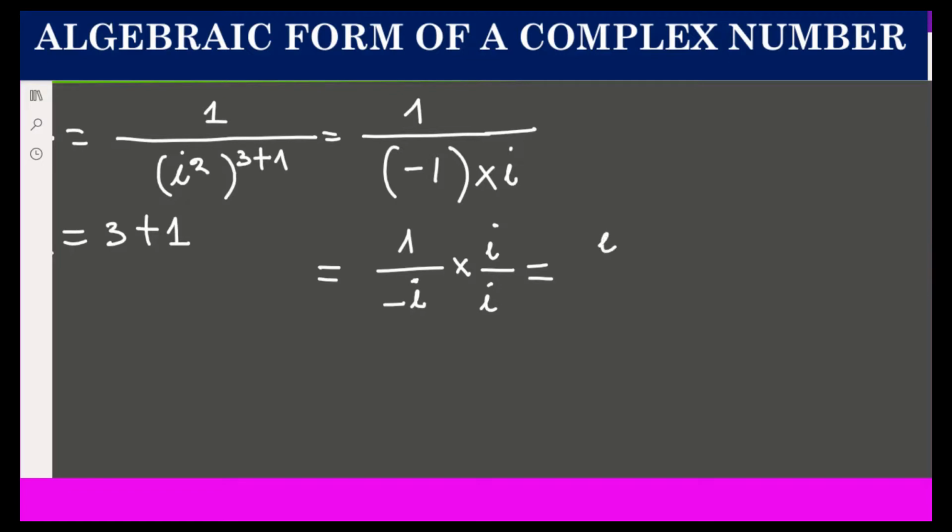Now I have i squared, which is -1, and we get negative i. See here, this negative and this negative will give positive.